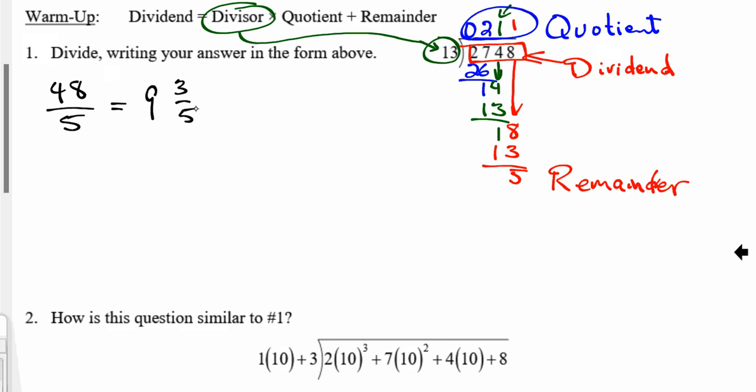So as we look at this, the 9 is my quotient, the 3 is my remainder, and the 5 is my divisor. And the 48 would be my dividend. So if I were to write dividend over divisor, then I get quotient. What's the unwritten operation between the 9 and the 3/5?